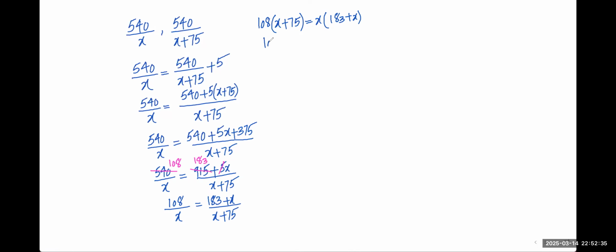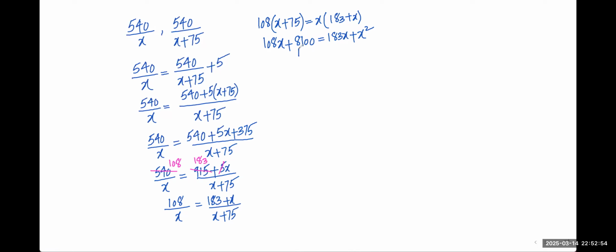Simplifying, it's 108x plus 108 multiplied by 75, you will get 8100. This is 183x plus x into x will give you x squared.